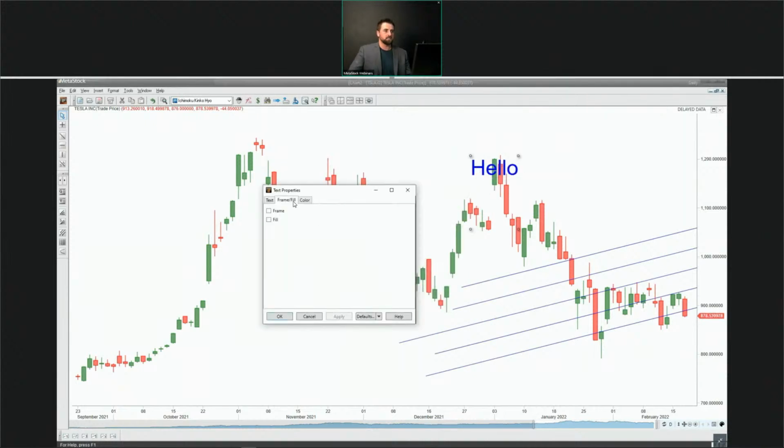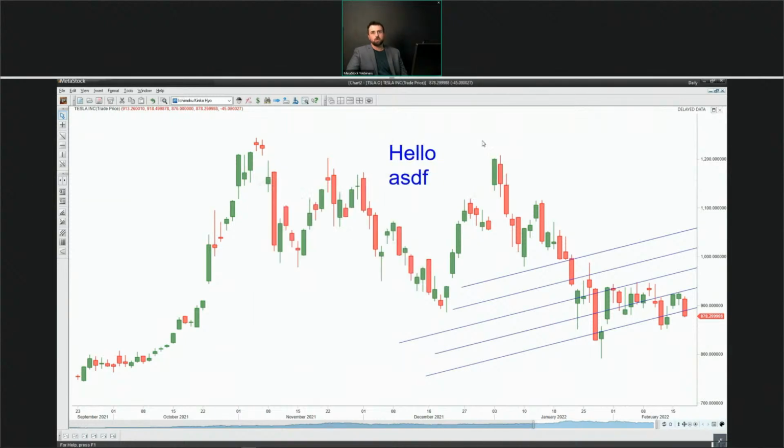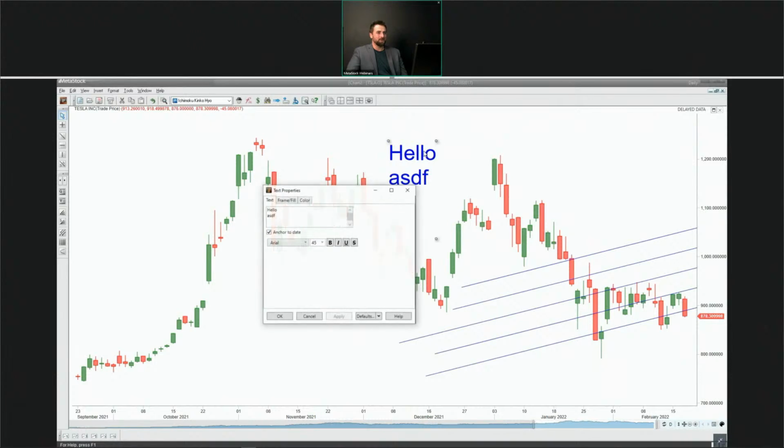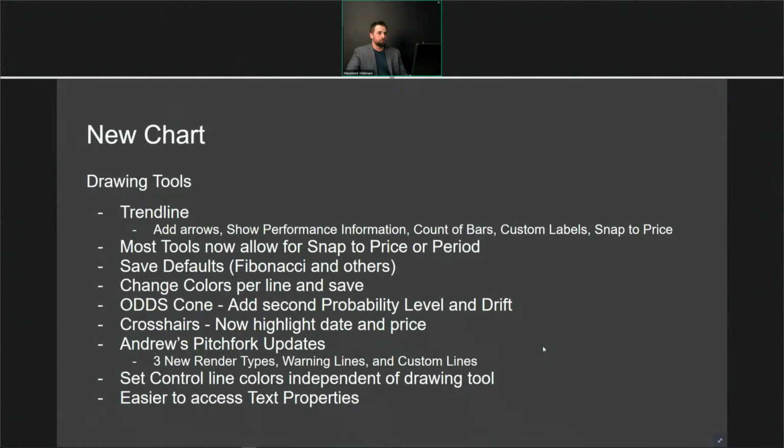You can change the frame and fill, the color, etc. It's an enhancement that's been made for those of you that have used the text properties. You used to have to use the help function to help you find where to update it. But now double click on it and you can alter those properties there.